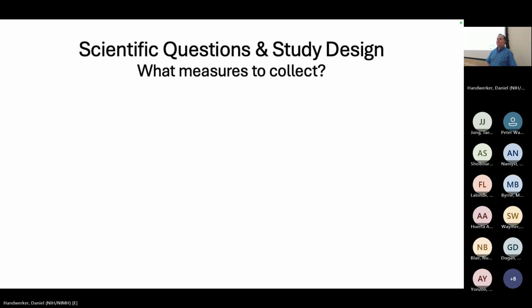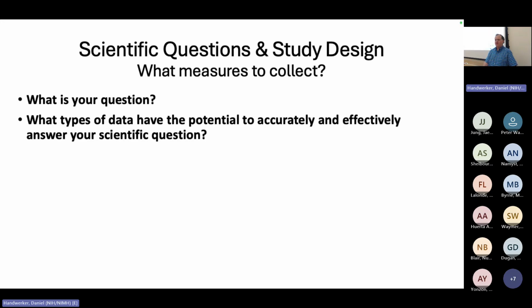Okay. So I'm starting out with scientific questions and study design, that first group. Beyond what your question is, a key thing is, what are you actually going to collect? So what is the question? Why are you doing the study? What is your goal from it?